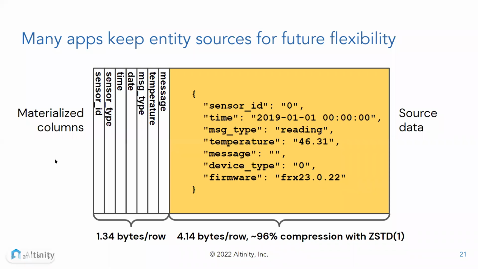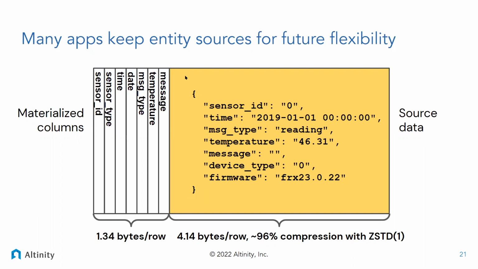One really interesting thing that many systems do is they don't just store the actual data in columns the way I showed you a minute or two ago. They will include the source data as well. What's the reason for this? Well, it's simple. As you have these very large data sets, you may have event types that you don't really know what questions you want to ask about them. So if you have enough space, you can just go ahead and store the JSON data.